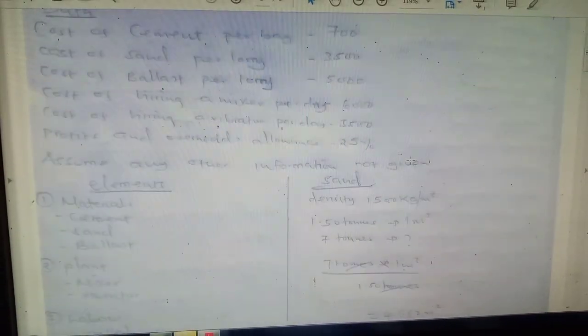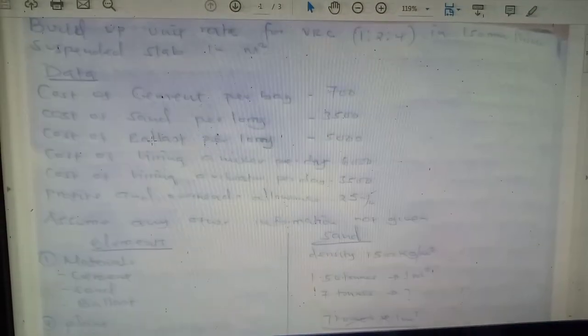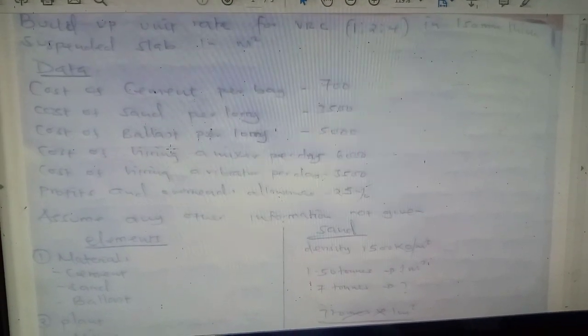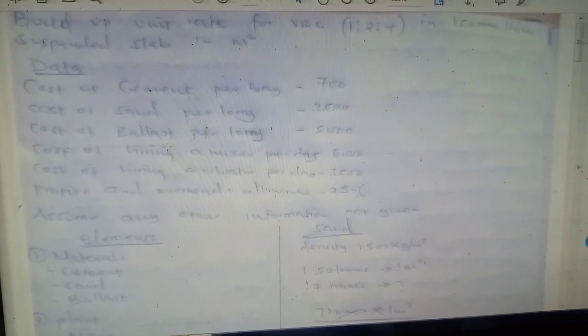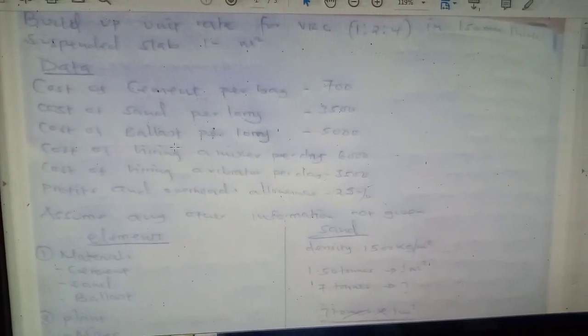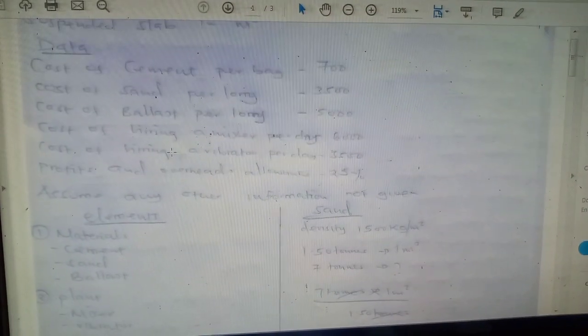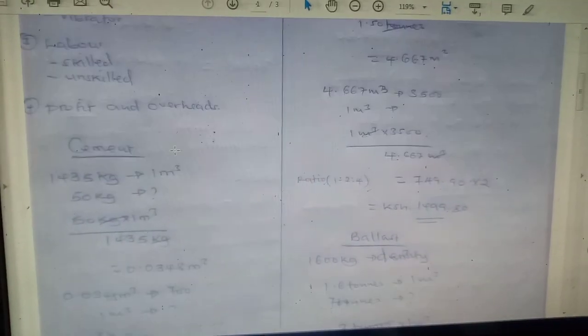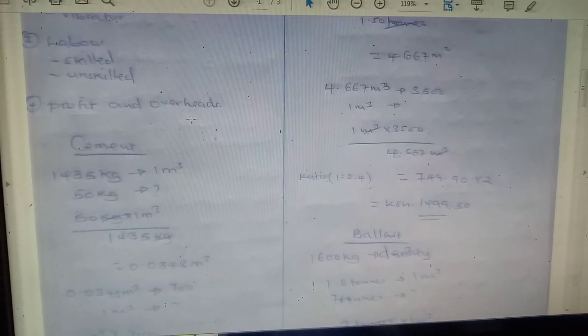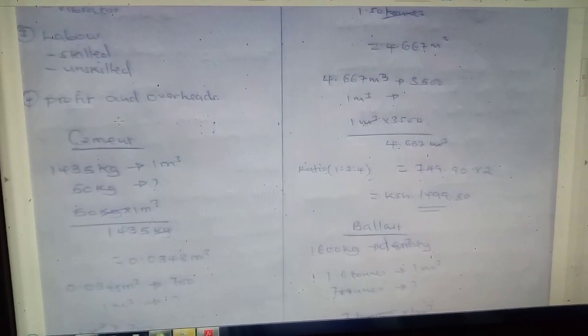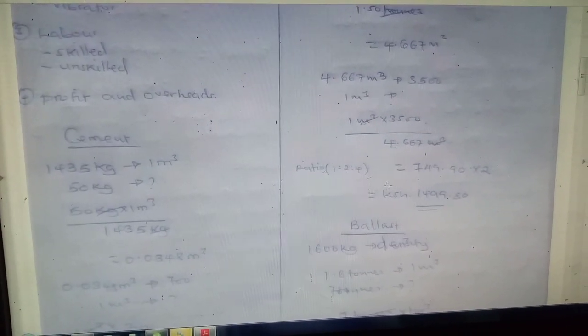But remember, in the question we were told the ratio of that concrete is 1 to 2 to 4. Ratio 1 represents cement, ratio 2 represents sand, ratio 4 represents ballast. So the cost of cement you multiply by 1, and the cost of sand you then multiply by 2, because sand is 2.